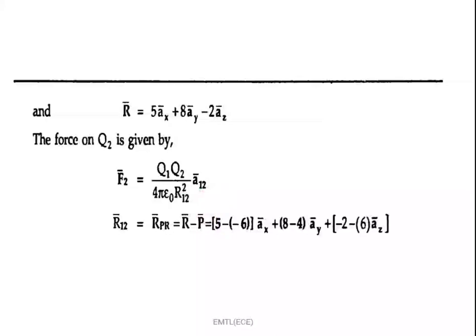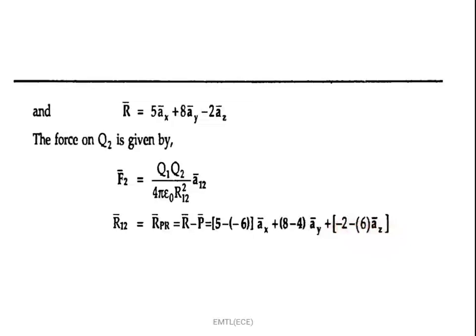That means the distance between these two points is obtained by subtracting these position vectors, that means capital R minus P bar. So here capital R is 5AX bar and capital P is minus 6AX bar. Simply subtract the coefficient of AX, coefficient of AY, coefficient of AZ.